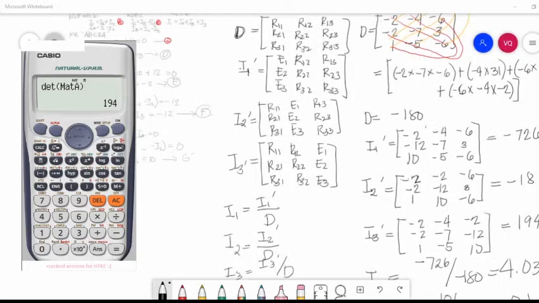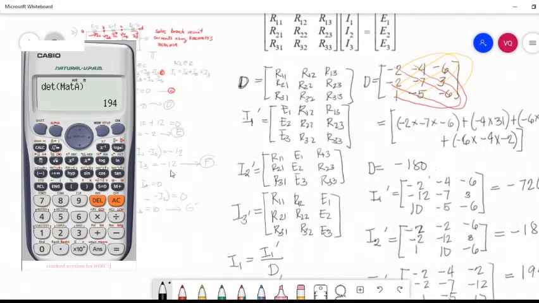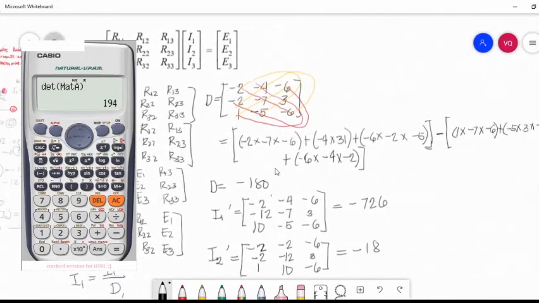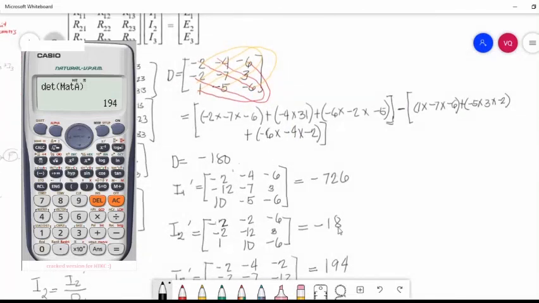Solving for IA is equal to I1 minus I2 and IB is I2 minus I3. So IA is equal to I1 minus I2, and IB is I2 minus I3.